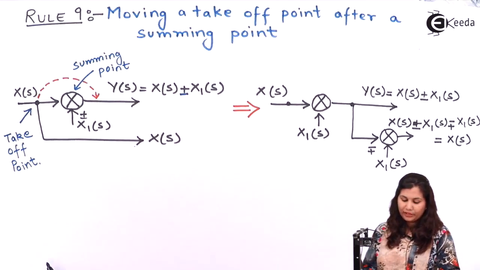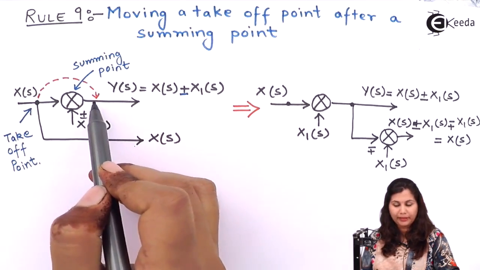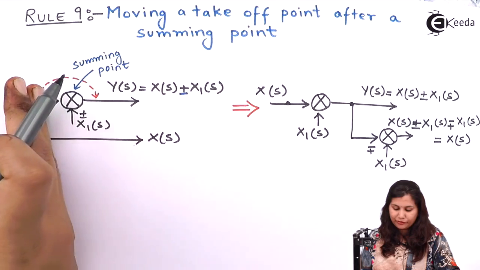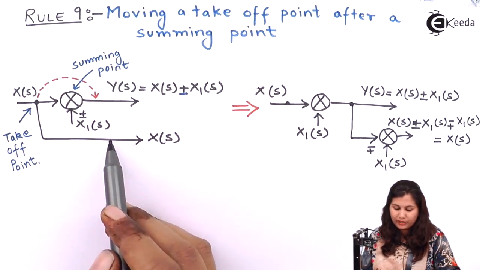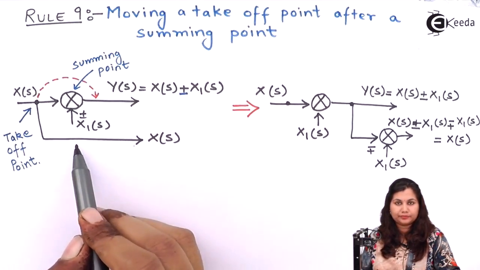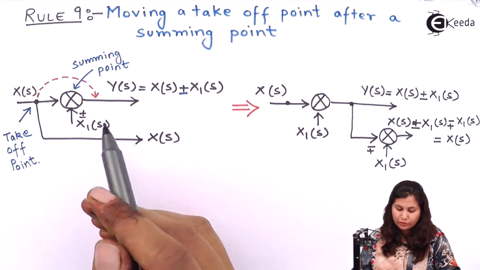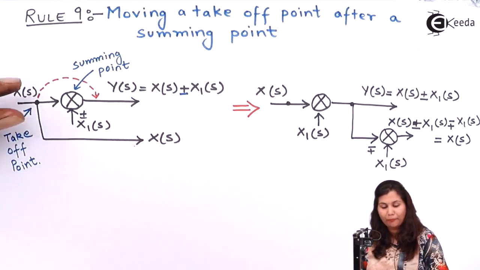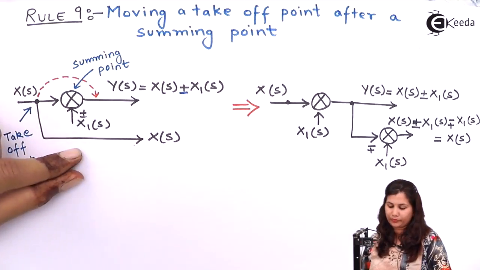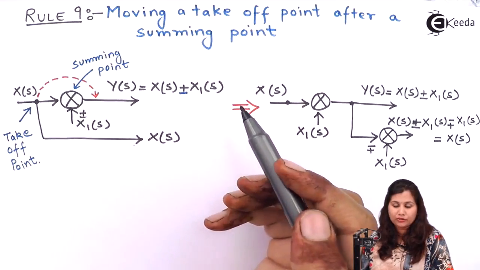Okay. Now when you move this takeoff point from before the summing point to after the summing point, what you have to do is this: the takeoff point will be shifted here and you have to introduce another summing point in this path. What will be the input? The input will be the same. You have to just take a copy of this summing point and put it in this path also. So let's see whether our output is affected or not.